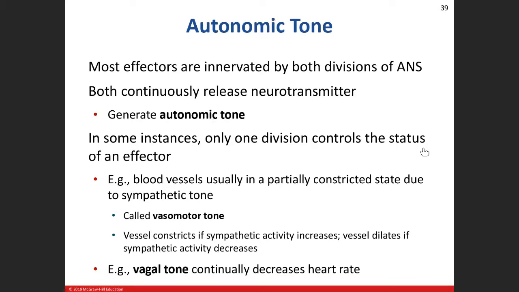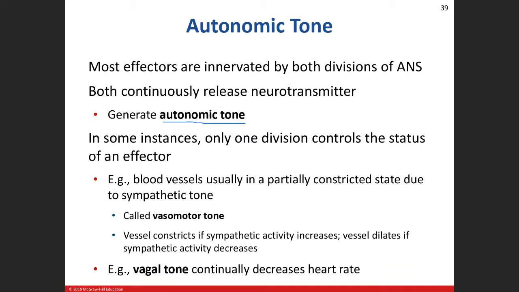But these divisions will not consistently, but constantly, release neurotransmitter. So they're going to be stimulating those effectors. When you release more neurotransmitter, you'll get more stimulation of the effector. When you release less neurotransmitter, you'll get less stimulation of the effector. So this continuous release of the neurotransmitter, we call that autonomic tone.